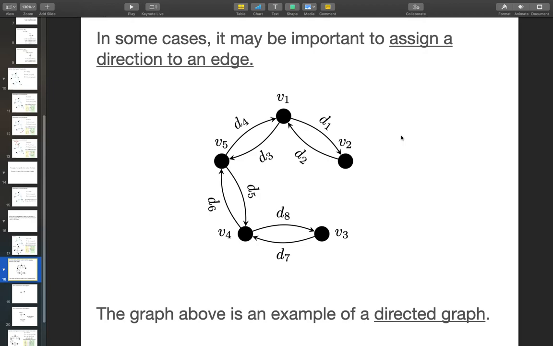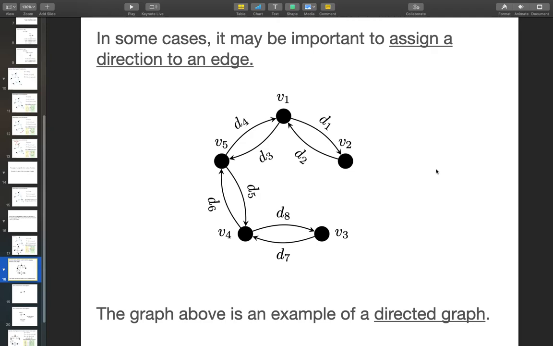Ano pa? Pwede rin gagamit ka ng directed edge. So, an edge with a direction to represent relations na hindi two-way. Ano ba yung mga relations na hindi two-way? Gusto mo, pero hindi ka gusto. Ayan. So, one way lang yun, no?